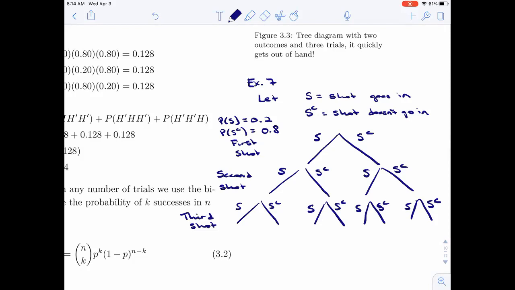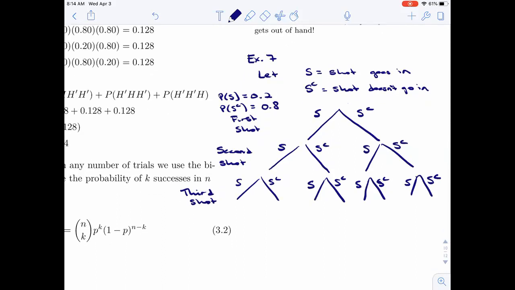You could show 1 minus 0.2, but it's okay. As far as P's and Q's, that's the same idea. So the probability of S is the probability of success, 0.2. That would be your P in a proportion type of question. And then your Q would be 0.8, the probability of a failure, the probability that it doesn't go in.